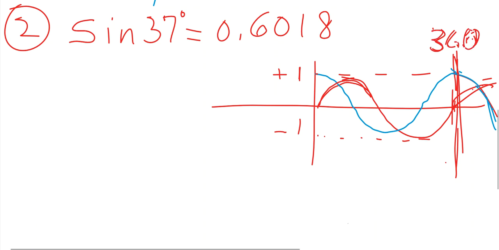Doesn't want to write. 360, or very frequently we use in more advanced math, it's not to say we don't use right triangle trigonometry, we do, but this is often referred to as two pi radians, okay?